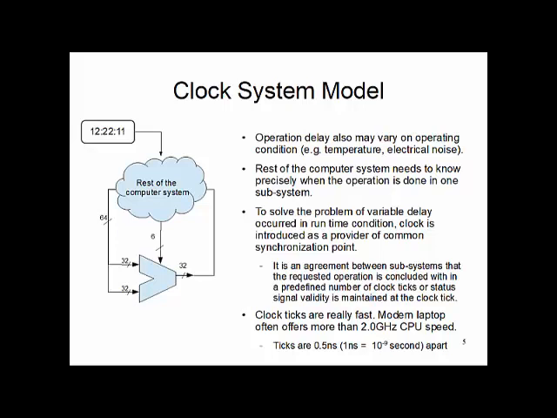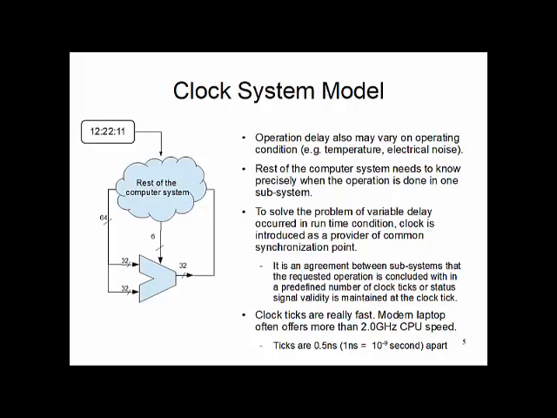Okay, so in very rough terminology, these clock ticks are really fast. A modern laptop offers more than 2 gigahertz CPU speed, which means the ticks are 0.5 nanosecond apart.